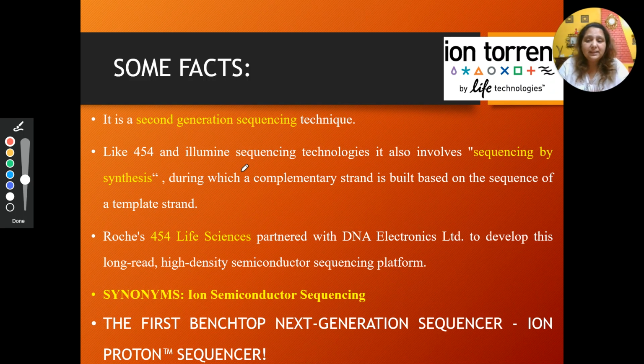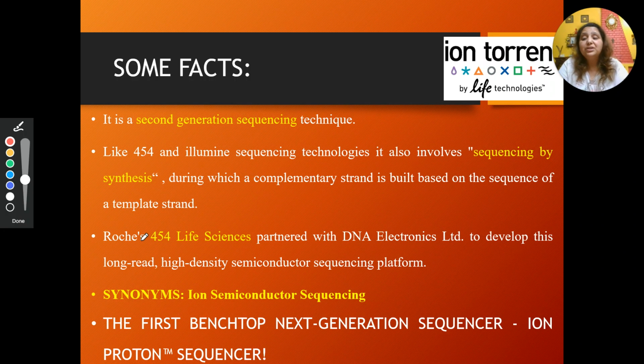Now, why is it like that? One of the reasons is that the ion torrent sequencing was developed by the same group of scientists who had developed the 454.